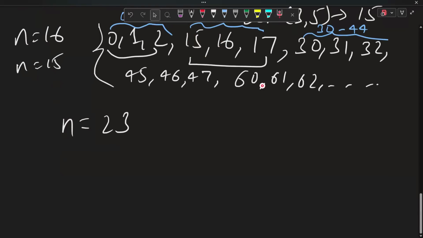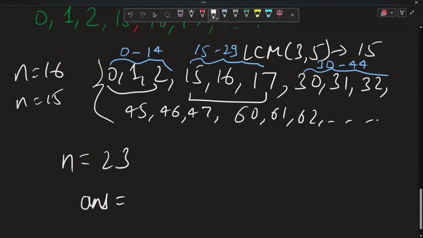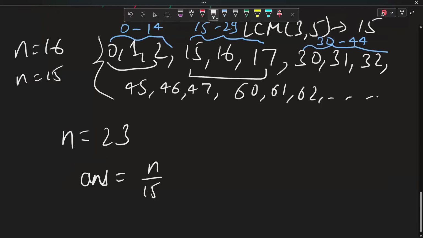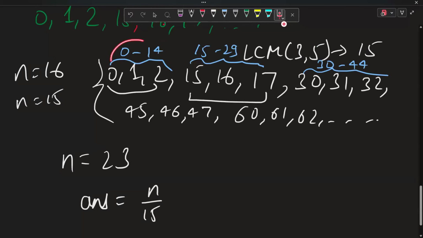So what I can say is my final answer would be, I can write a formula. How many complete blocks do you get? That would be n by 15. Why? Because if n is from 0 to 14, n by 15 gives 0, since you are in this range and have 0 complete blocks.